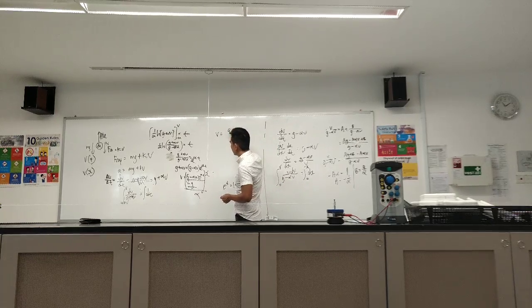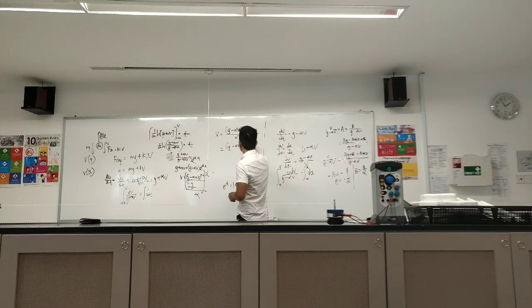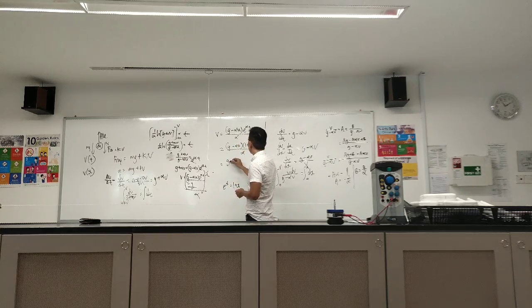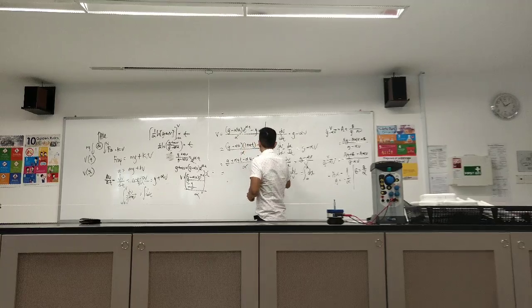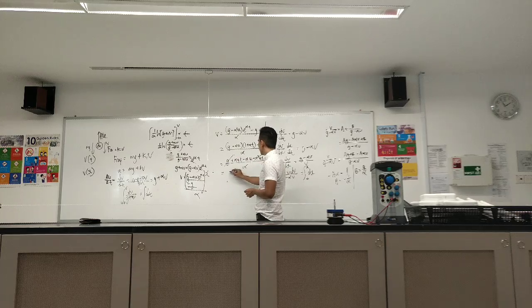So v equals, I'm just trying to check, (e to the power alpha t) times (g minus alpha u) minus g upon alpha, which is approximately (g minus alpha u)(1 plus alpha t) minus g upon alpha, which is g plus alpha g t minus alpha u minus alpha squared u t minus g, divided by alpha. This equals g t minus u, where g cancels off and the alpha squared term is too small and cancels off.